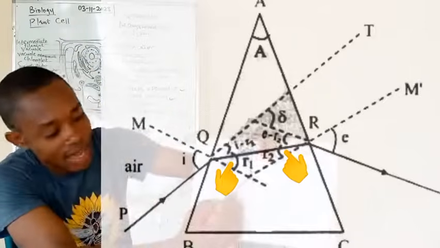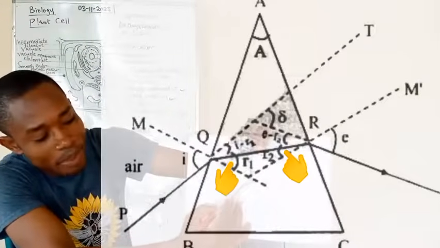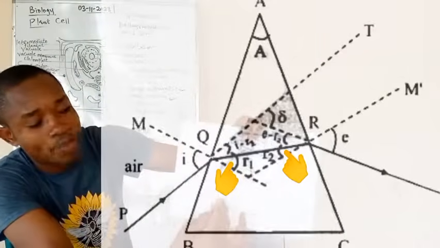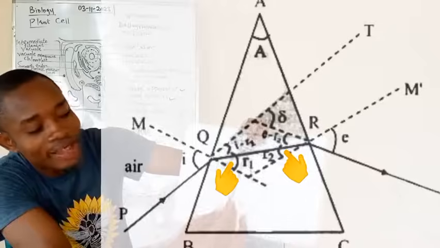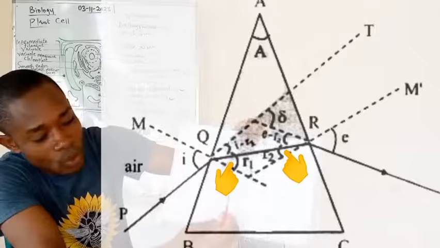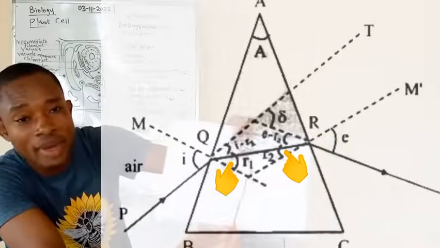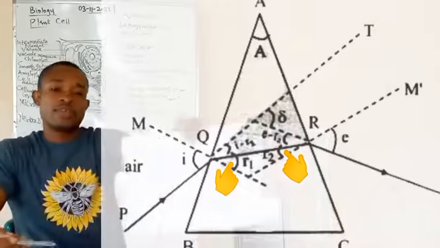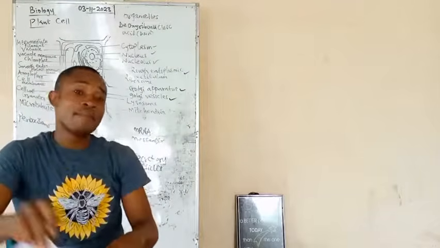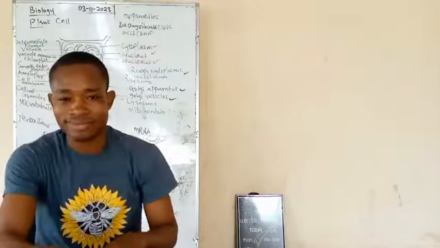That is to say, the refracted ray will be parallel to face BC. It will be parallel because it will divide this prism such that the line will be parallel to the base of the prism. So these are the three conditions at minimum deviation.